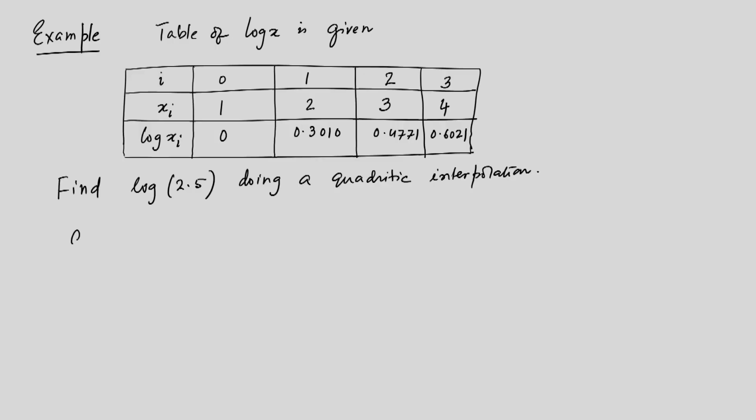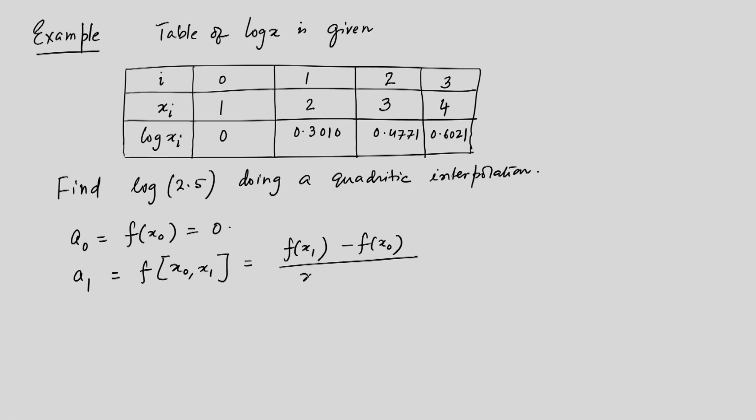Let us see. So, a 0 which is nothing but f at x 0 which is 0, okay, because your x 0 point is this. Your a 1 equal to f x 0 x 1 which is equal to f x 1 minus f x 0 divided by x 1 minus x 0, which is equal to 0.3010 divided by 2 minus 1, this is equal to 0.3010.